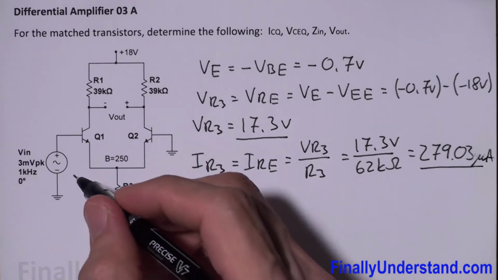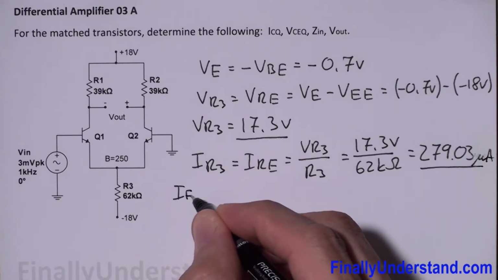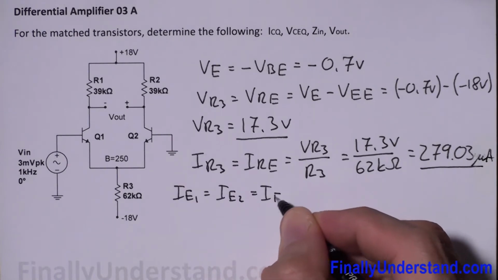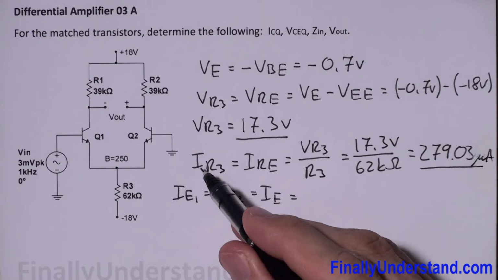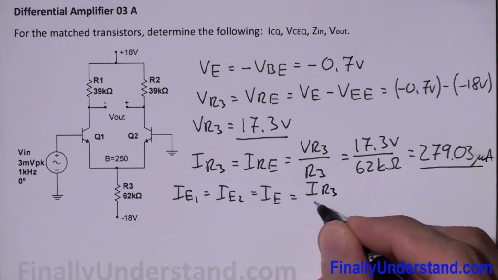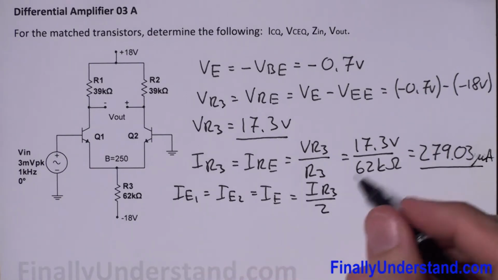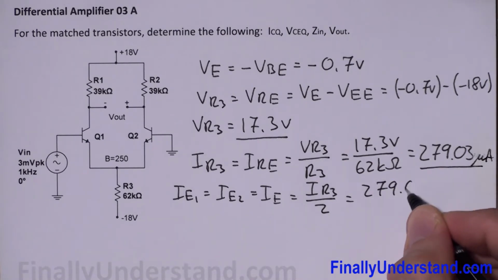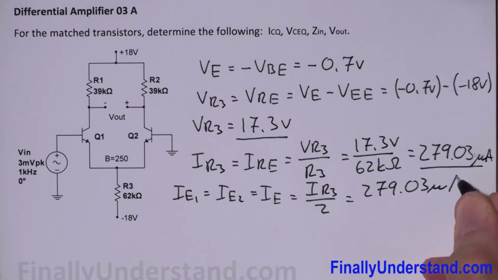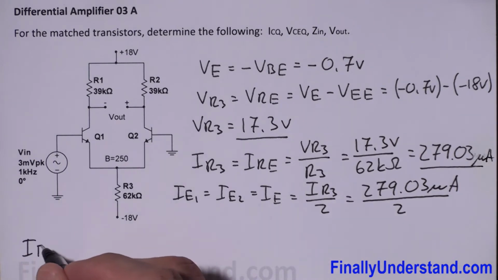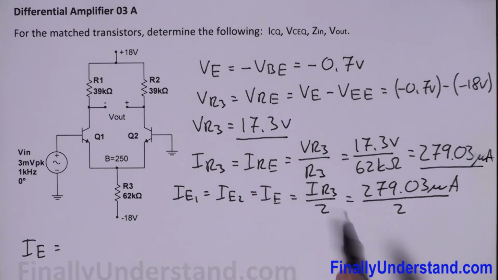Next, we're supposed to remember that IE1 is equal to IE2. In general, we say this is IE, and this is nothing else, just half of the current which goes through resistor R3. So I write that IR3 divided by 2 is equal to my IE. So I have 279.03 microamps divided by 2. IE, let me remind you, represents my IE1 and IE2.